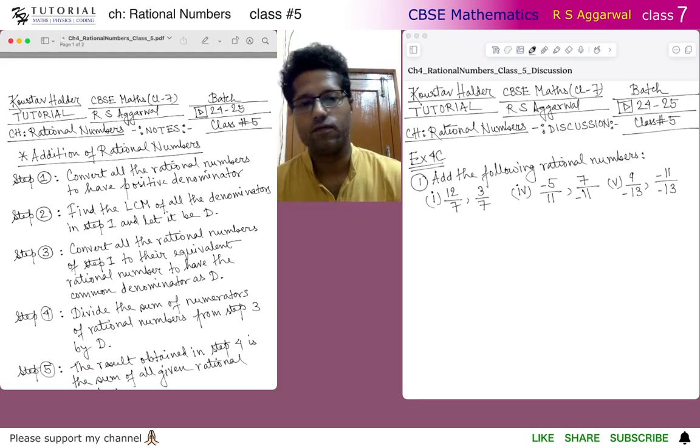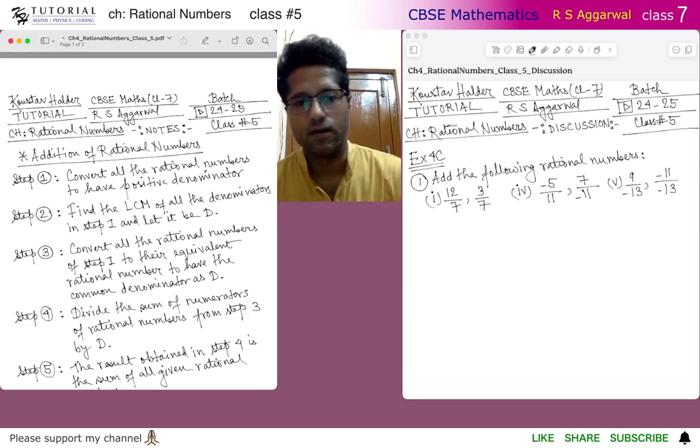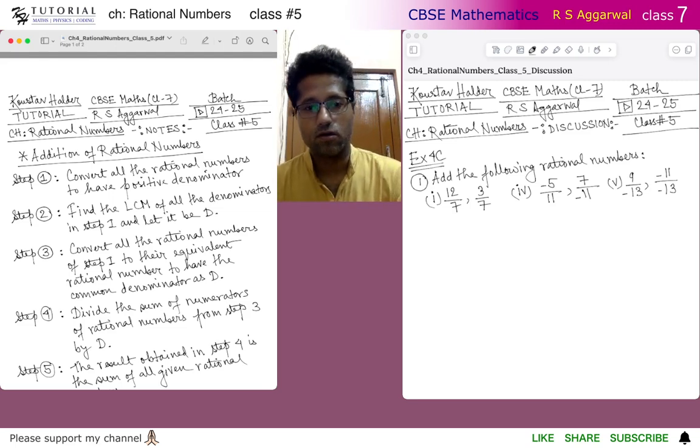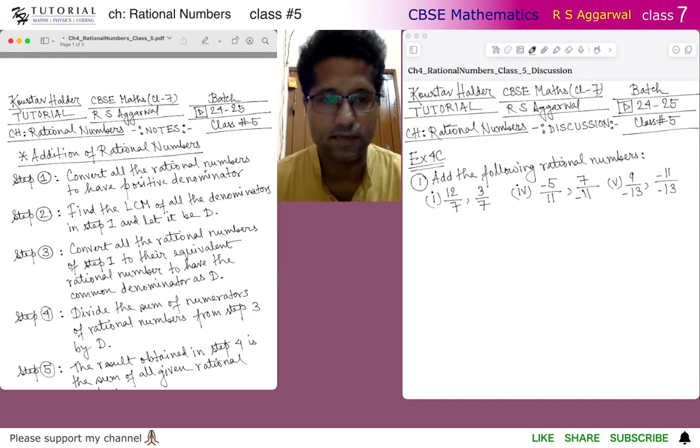Now in step 2 we find the LCM of all the denominators that we have from step 1, and let the LCM be D. Now in step 3 we convert all the rational numbers obtained in step 1 to their equivalent rational numbers so that they all have the common denominator D.